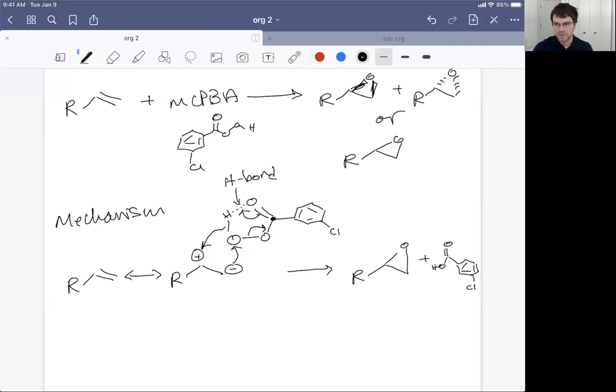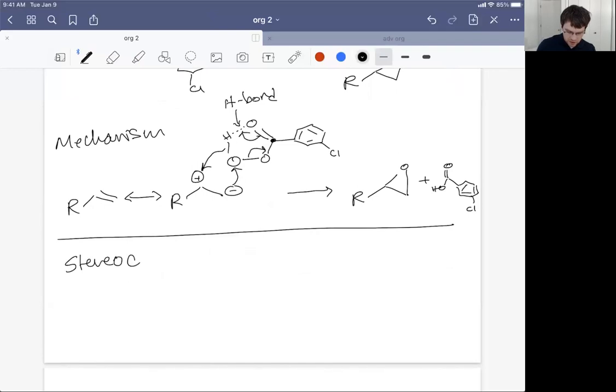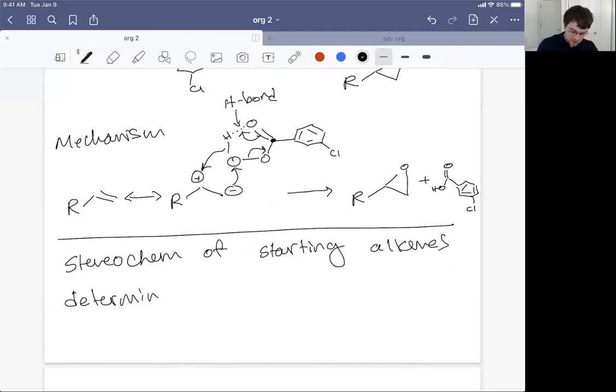Okay, so just some cleanup with this reaction: we do need to pay attention to the stereochemistry of the starting alkene, because that will determine the stereochemistry of the epoxide product. Now, both enantiomers are formed, but how do you know which diastereomer, which combination of wedges and dashes, you'll form?